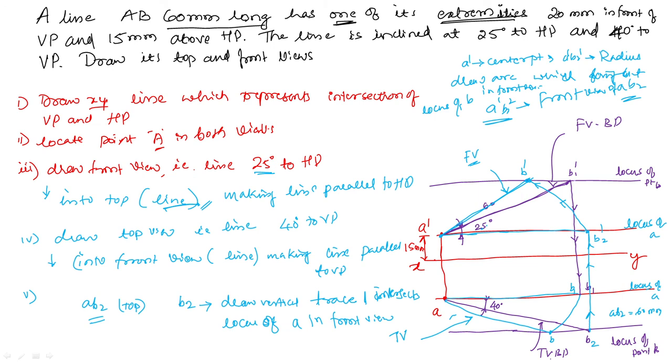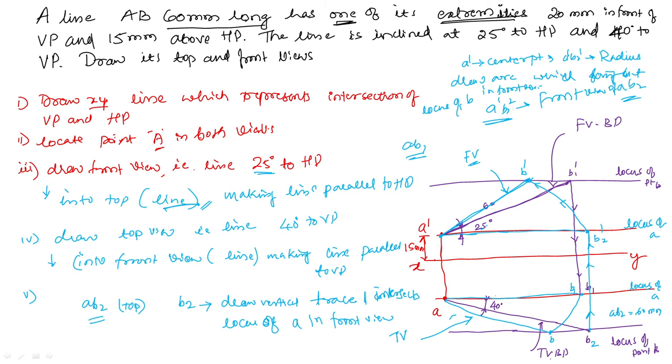When you draw a construction line here, it is going to intersect the locus of A. The point of intersection of this projection line with the locus of A is point B1. Now AB1 represents the top view, and A dash B1 dash the front view.